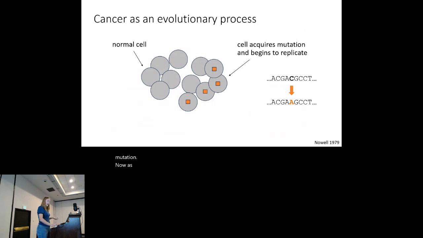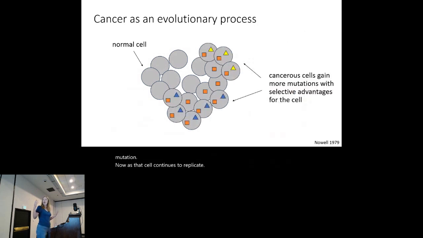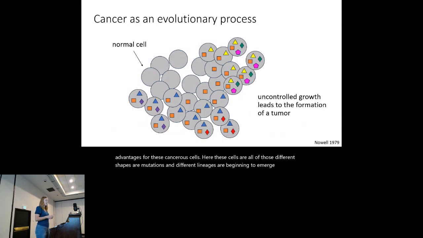Now, as that cell continues to replicate, more mutations will be acquired and will provide further selective advantages for these cancerous cells. Here, all of those different shapes are mutations, and different lineages are beginning to emerge. Finally, this leads to the uncontrolled growth of these cells, which leads to the formation of a tumor.